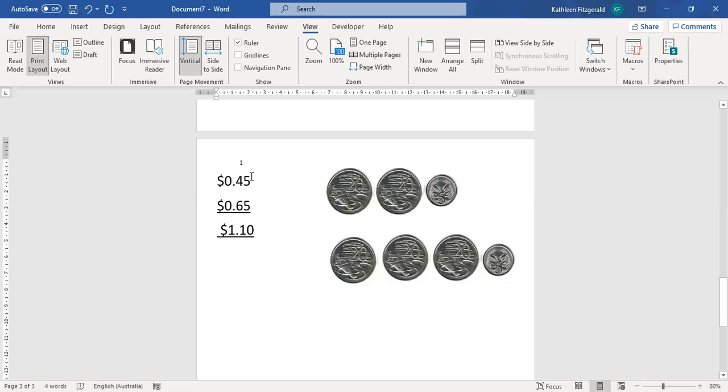Okay, so we work from the right-hand side and we move left so that we're always carrying those higher units across into the next column. Another way of looking at it is to put them all together.